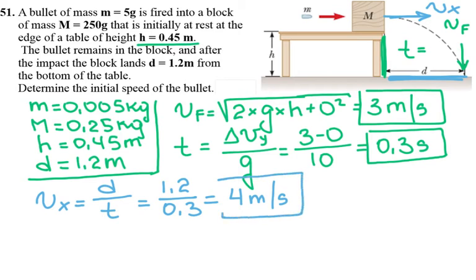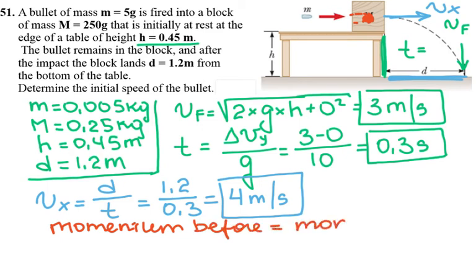Now, because there is some damage done when the bullet gets into the block and gets stuck in there, I cannot say kinetic energy before is equal to kinetic energy after, but the momentum is always conserved. So I can say momentum before is equal to momentum after.